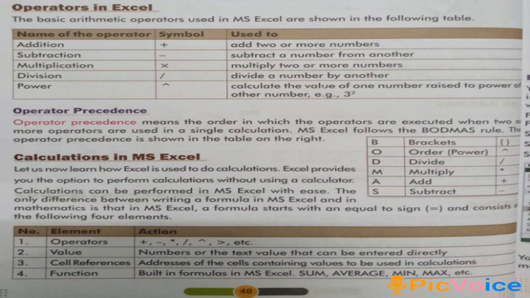Value: numbers or the text value that can be entered directly. 3. Cell references: addresses of the cells containing values to be used in calculations. 4. Function: built-in formulas in MS Excel, such as sum, average, min, max, etc.